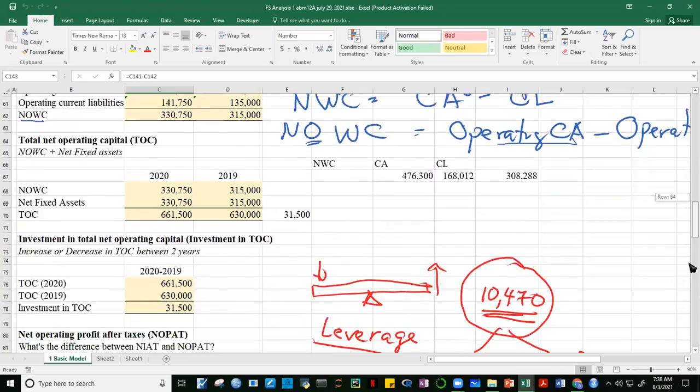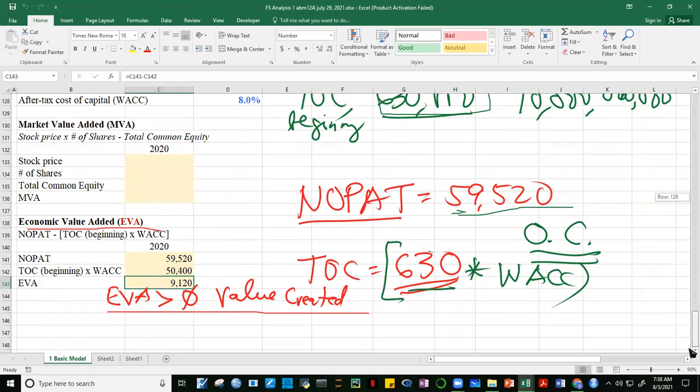For EVA, we also studied this last time. We said that the operating profit generated made use of capital, a total operating capital, and this total operating capital is not free. There's an opportunity cost as far as the providers of the capital, the investors, are concerned.